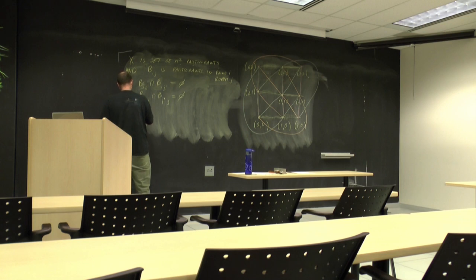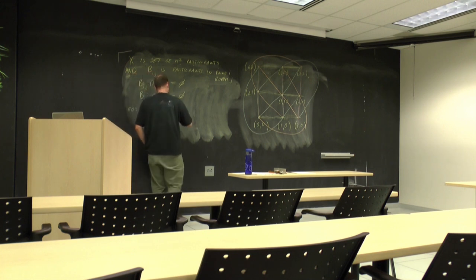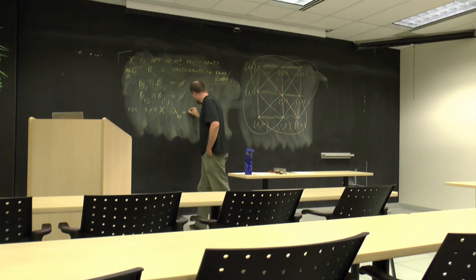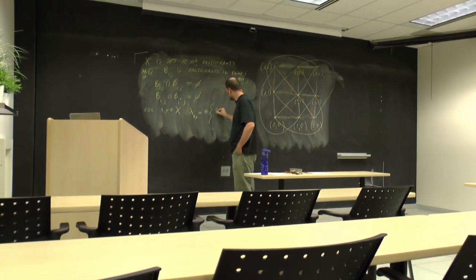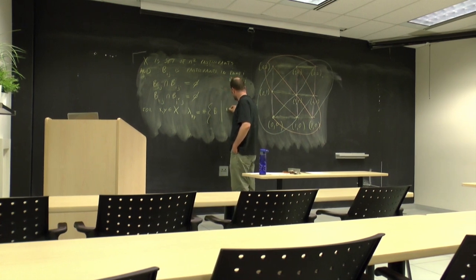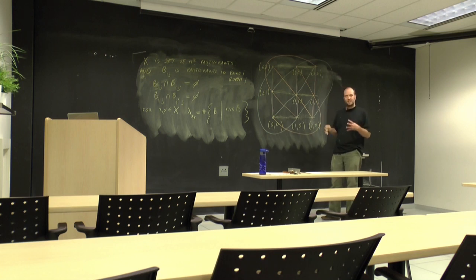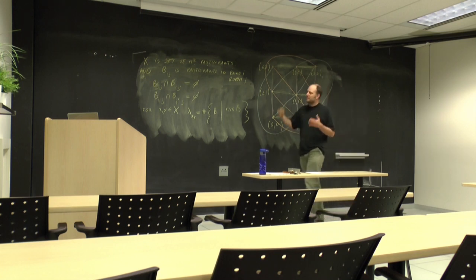And now, for x and y, I'm going to define lambda xy to be the size of this set. It's the number of those b's, and I'm not going to draw the subscripts all the time, that x and y are both in. So that's the number of times that x and y see each other. And that comes back to the thing which I really wanted to actually count. Repetitions. How many pairs miss each other?